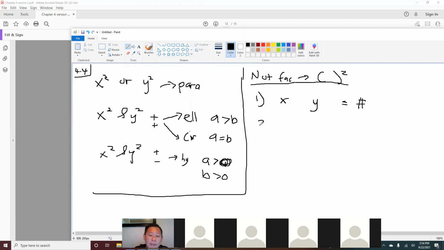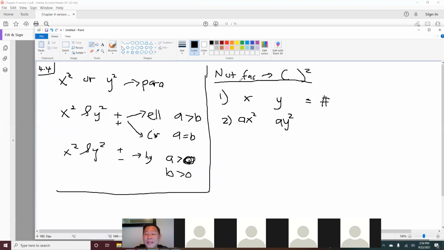And then second, if you have a leading coefficient on your x squared or y squared, sometimes you have both, sometimes you have one, you have to get rid of it. How we get rid of this is to factor the number out.